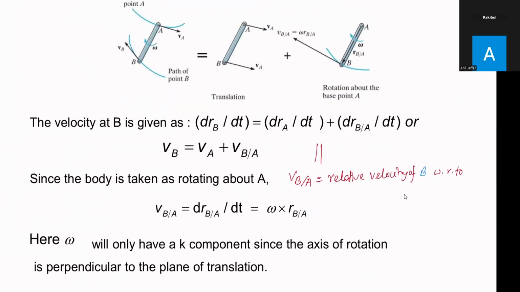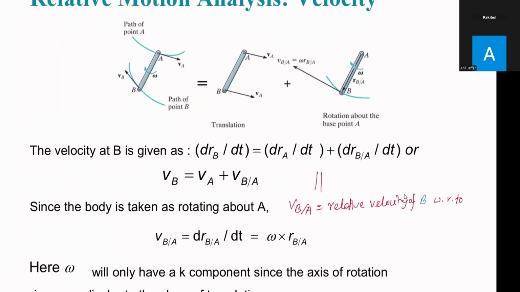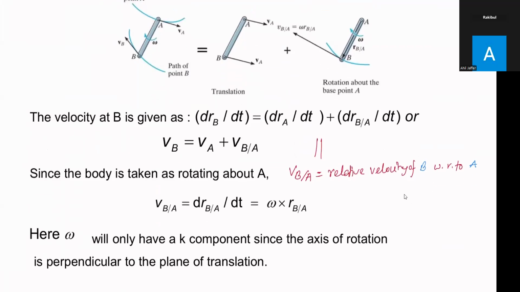And the other notation is VAB, relative velocity of A with respect to B. Clear now?